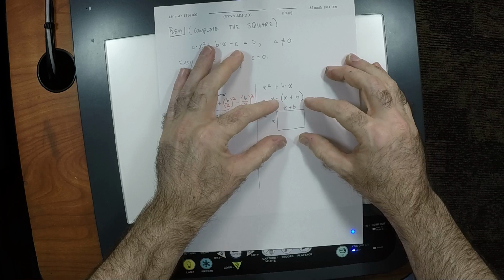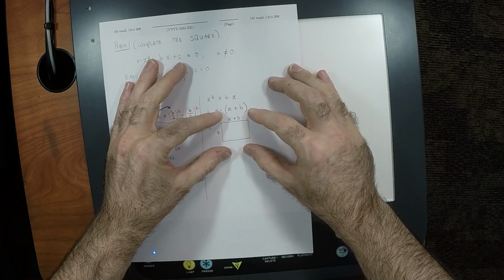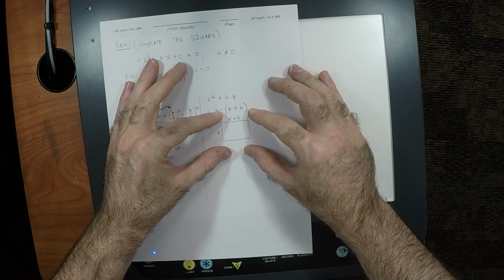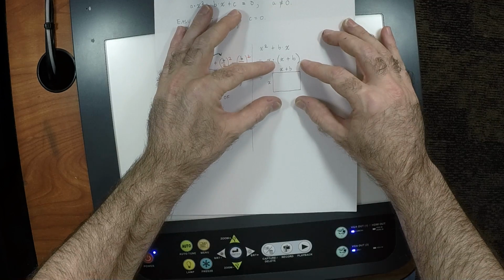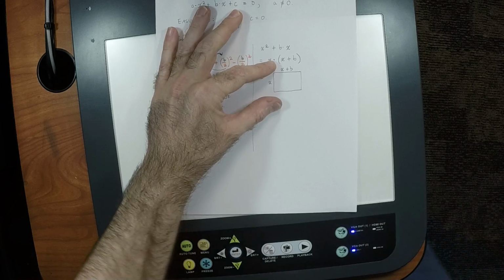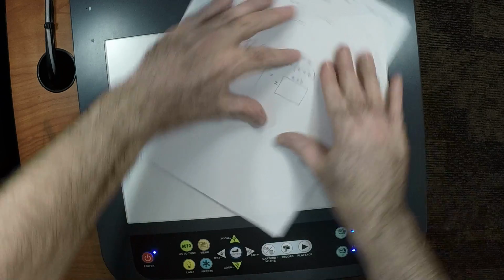So this rectangle versus that rectangle. What happened to the area? So this one versus that one. The same, right? The area is the same. That doesn't change anything. How about this one versus that one?